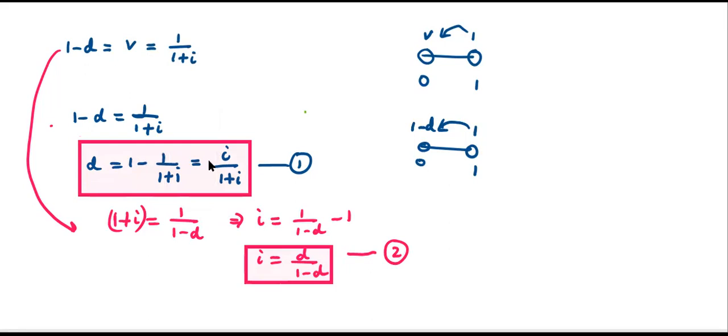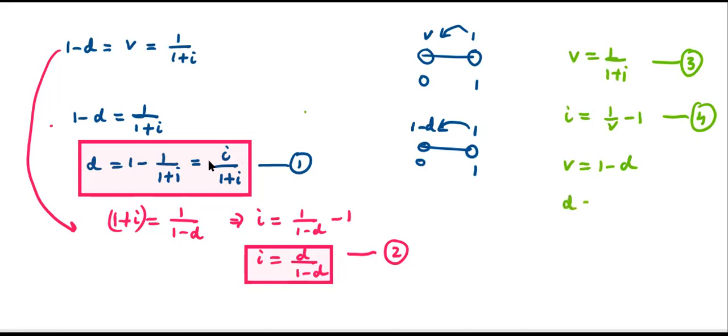Now V is 1 upon 1 plus I already. In terms of I, this is there. Then I will be 1 upon V minus 1. This is another one, 4. Then V is 1 minus D. This is 5. Then D is 1 minus V. This is there. So between D and V, we have relation.